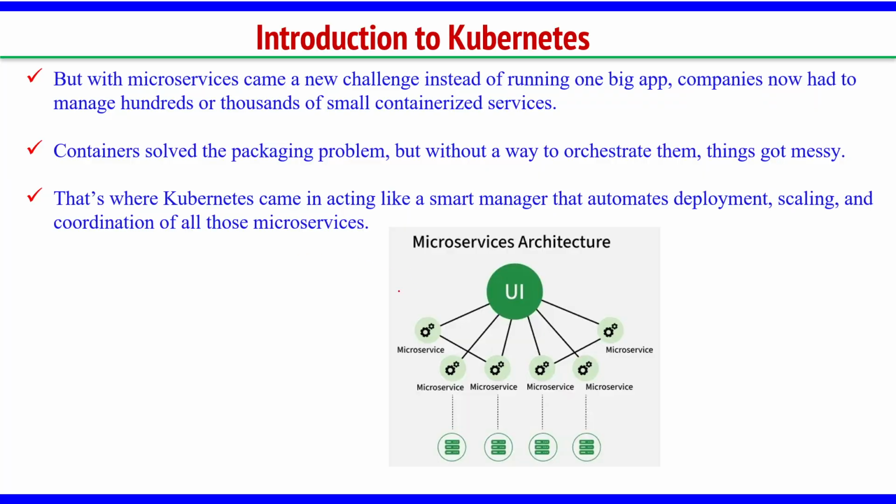Now, why do we need Kubernetes basically? What was the main reason or motivation for coming up with the concept of Kubernetes? We know microservices came with a new challenge. Instead of running one big application, companies now had to manage hundreds or thousands of small services.